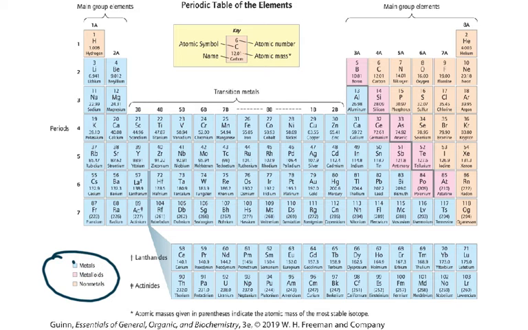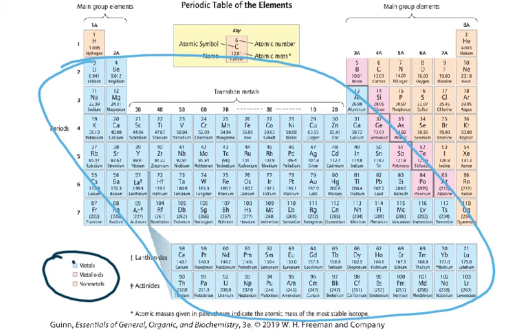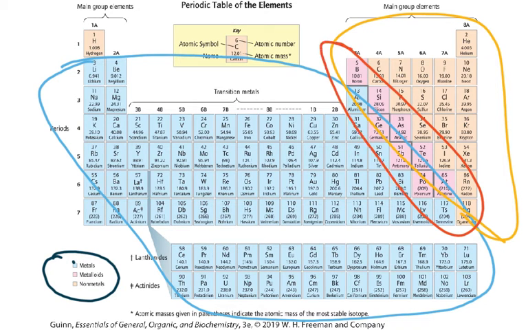It's also clearly, other than this oddball hydrogen, the left-hand side are all metals, and the right-hand side are nonmetals, okay? And then where they meet in the middle is something else, something not quite metal, not quite nonmetal. These are called metalloids.